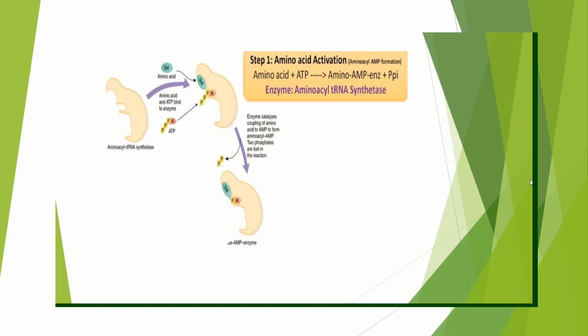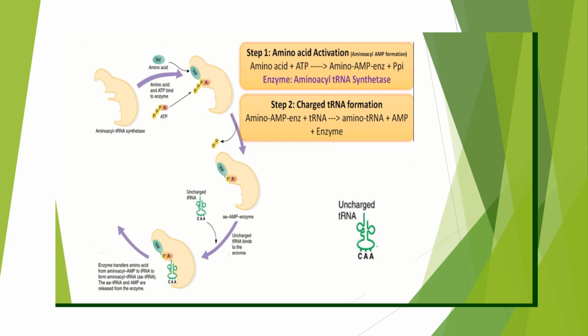And the next step is the formation of charged tRNA. Here you can see an uncharged tRNA where the corresponding amino acid is not present. The tRNA having the corresponding amino acid is called charged tRNA. So the second step is the formation of charged tRNA. Here the aminoacyl AMP-enzyme complex binds with the tRNA and forms aminoacyl tRNA plus AMP.